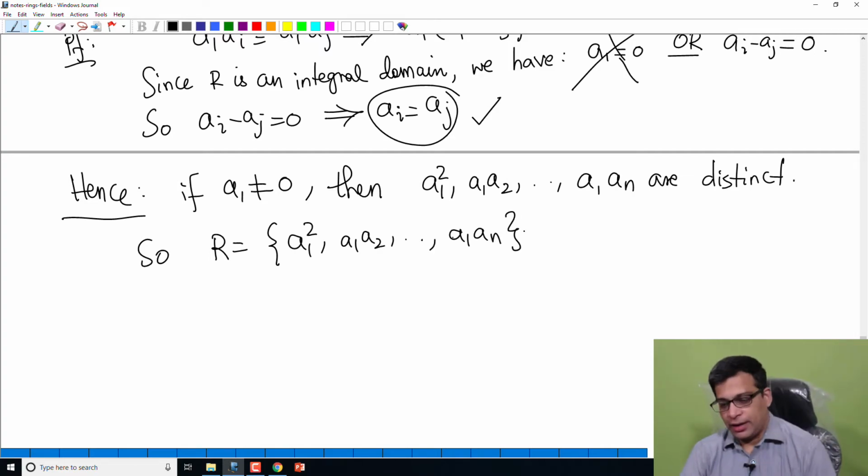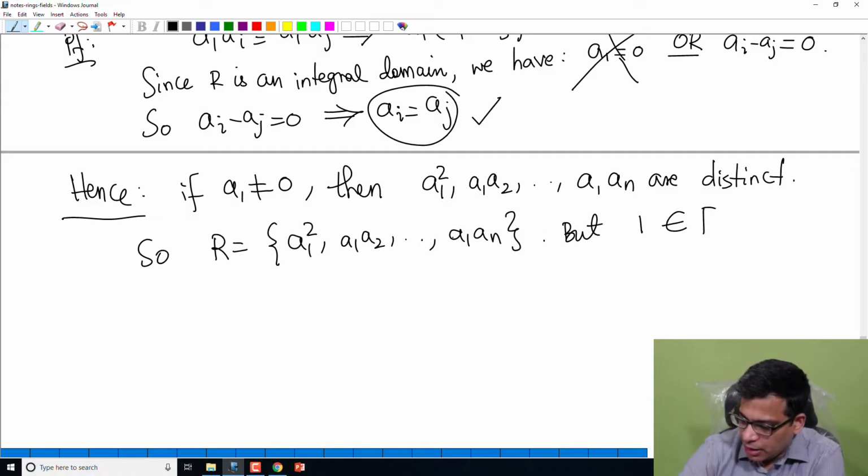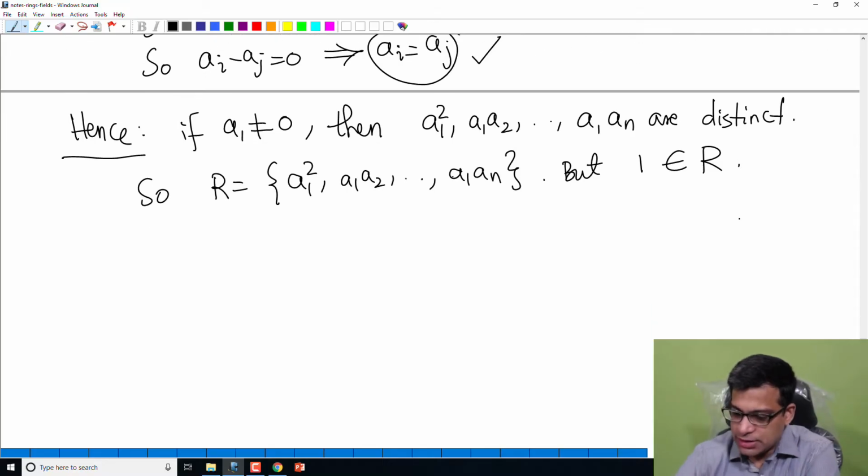Remember, because R is a ring, when you multiply elements of R, you again get elements of R. So this set is certainly a subset of R. But because R has n elements and these are n distinct elements, it must equal R. But 1 is contained in R, so 1 is contained in this set.